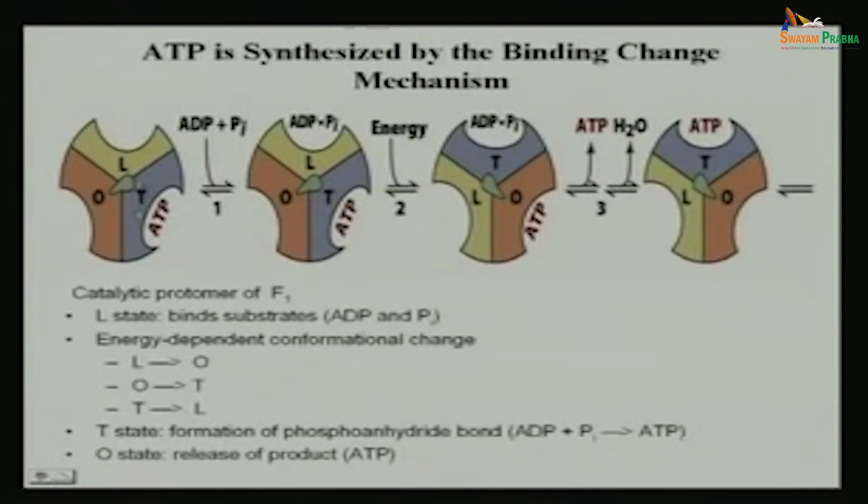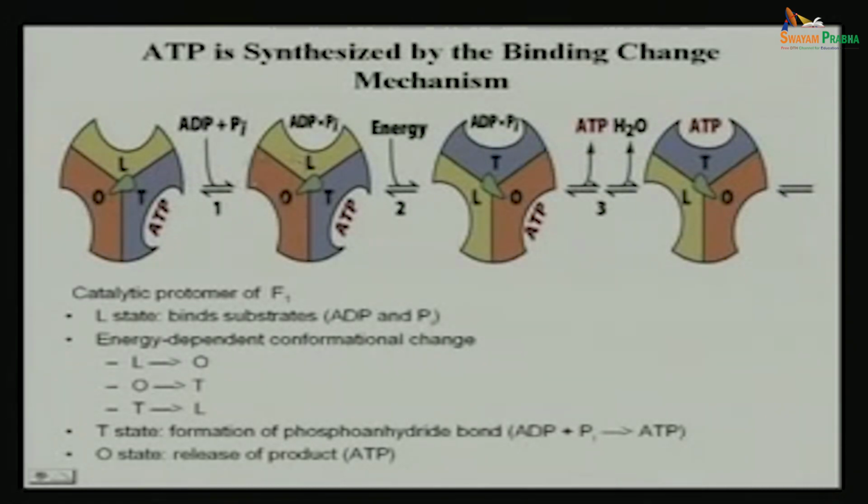The T form has very strong affinity for its substrate binding, and also it is active in nature. So it can bind this ATP molecule, and the O form does not have any substrate binding affinity, and it is the open form.